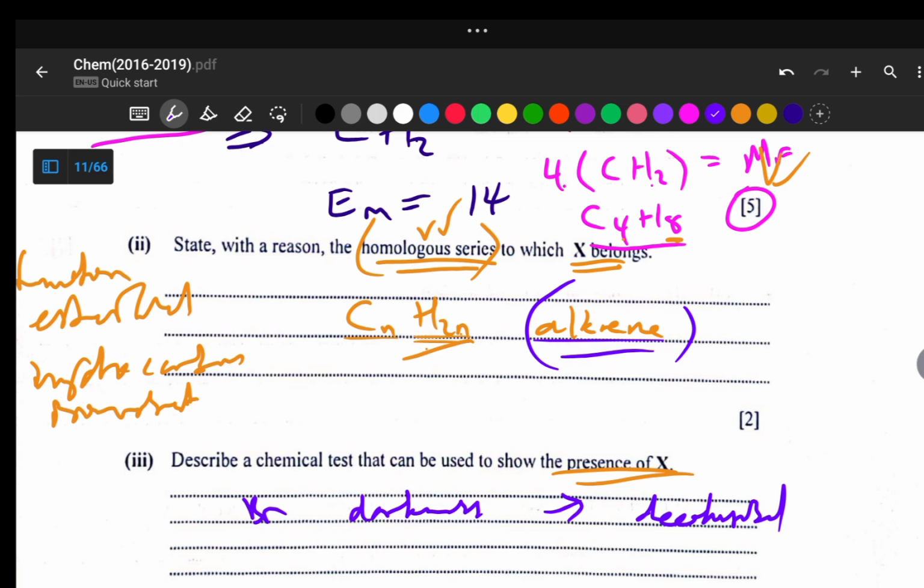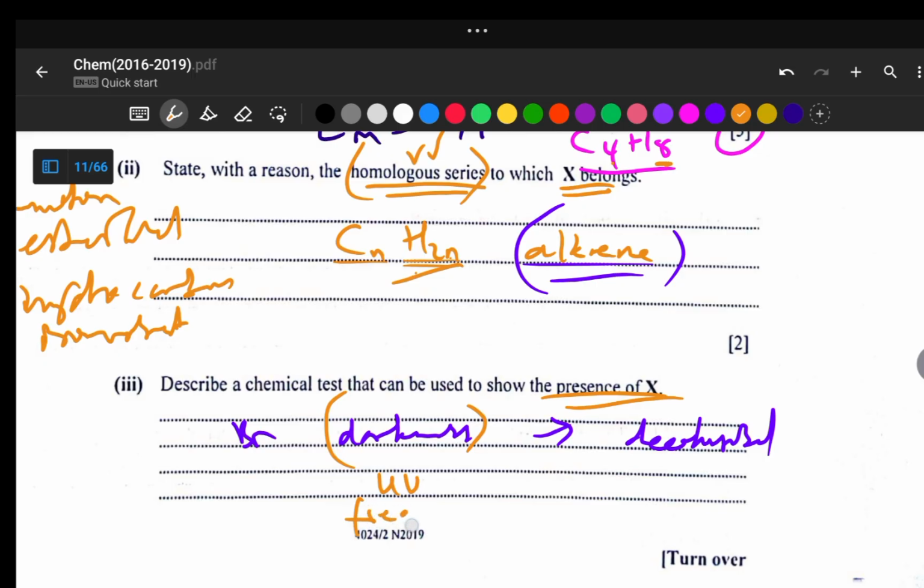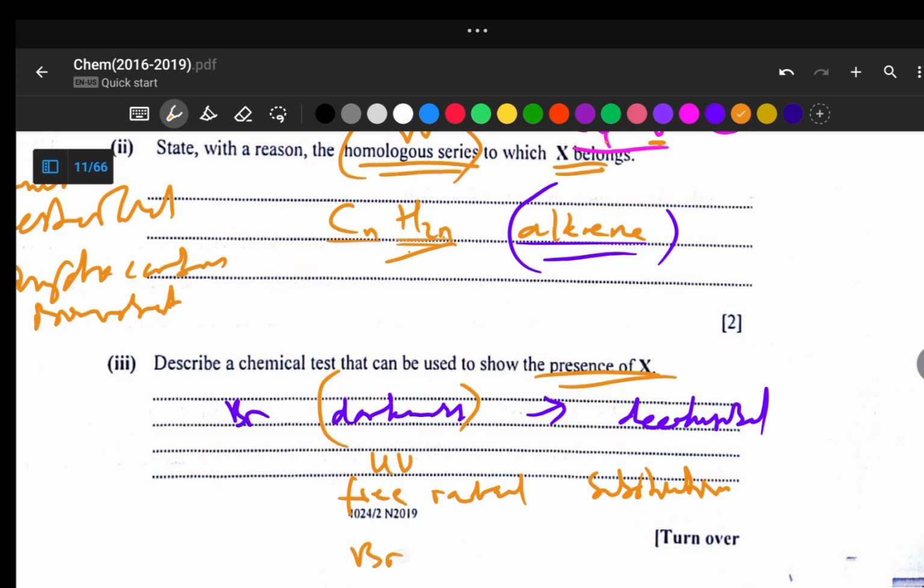So you must highlight that we are using darkness as a condition, because in the presence of UV light, an alkane can also decolorize bromine in a reaction called free radical substitution. So here we are simply going to have the bromine double bond undergoing homolytic fission to form the free radicals of bromine, which will then react with the alkane.